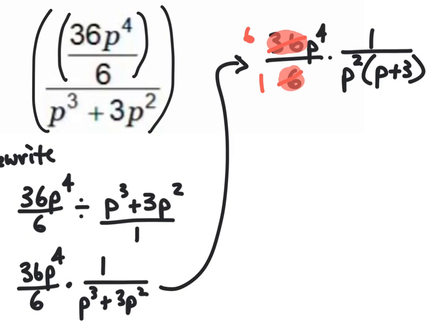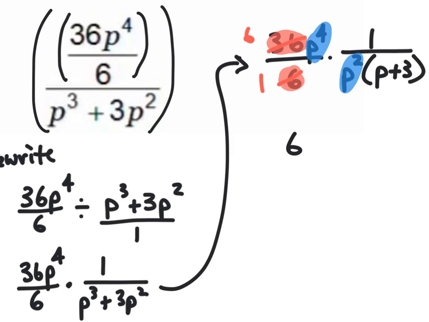And then I can divide out the p to the fourth over p squared, which is 4 minus 2, so it'd be p squared.